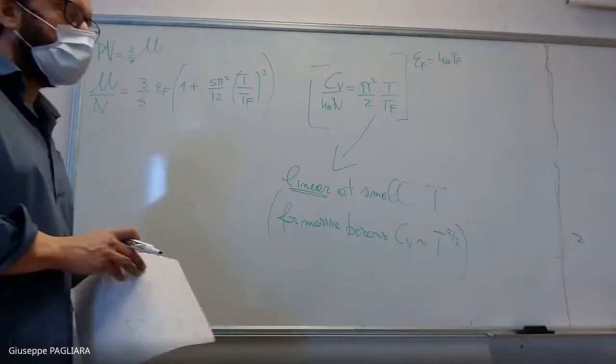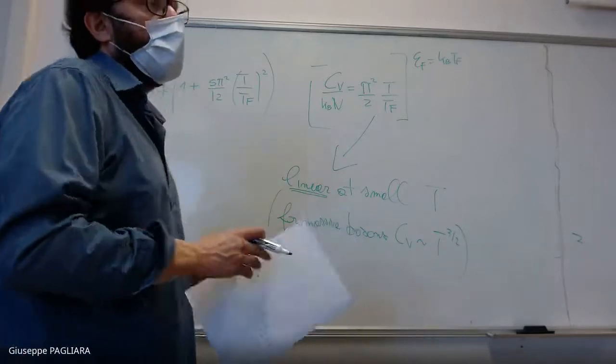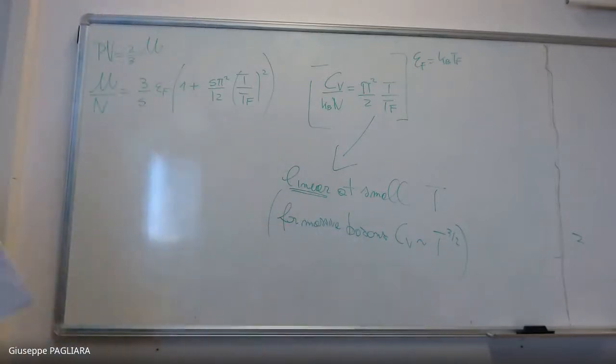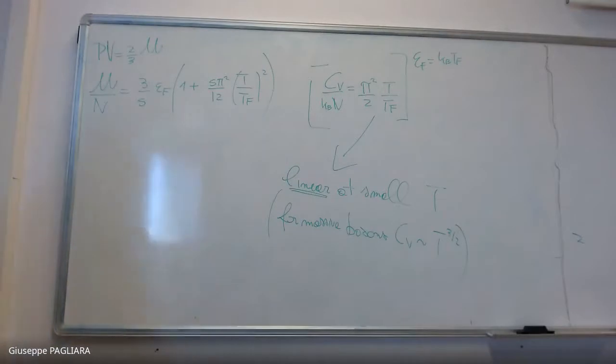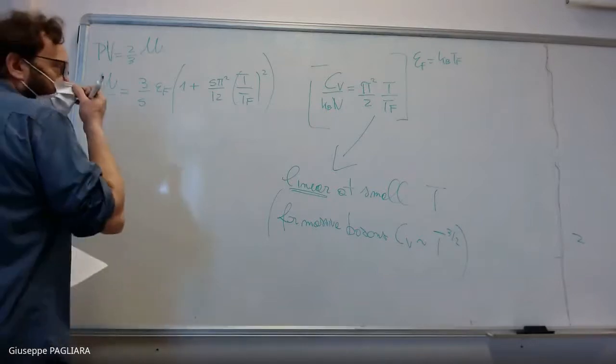We have not computed it, but it should be T to the power of 3, as for the case of photons, actually. So for massive bosons, it's T to the power of 3/2. For massless bosons, it's T to the power of 3. Okay, so this is the heat capacity. This is an important result. And I think I need to comment on another point, which is the following.